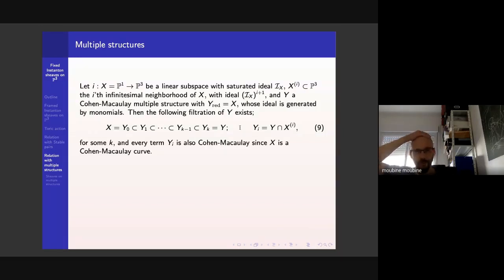The behavior of these multiple structures is more complicated than the behavior of multiple structures on points, like in surfaces.